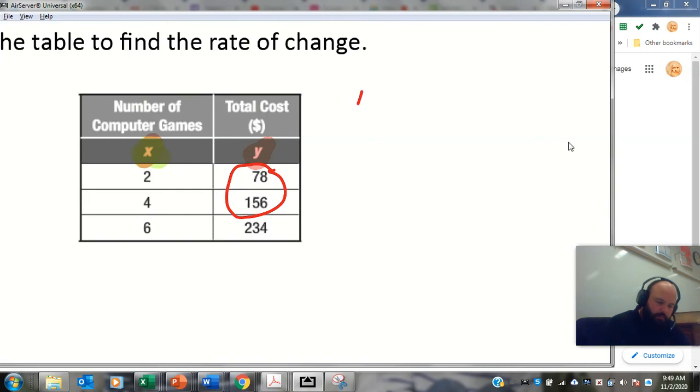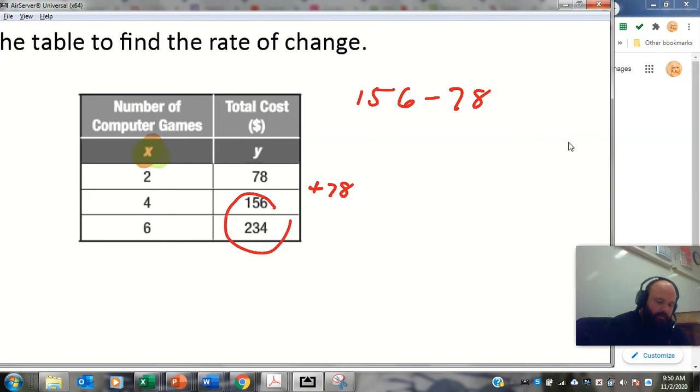We're going to simply do 156 minus 78. And when I do that, I get a total of 78. So what that means right here is in the y value, I added 78 to turn into 156.